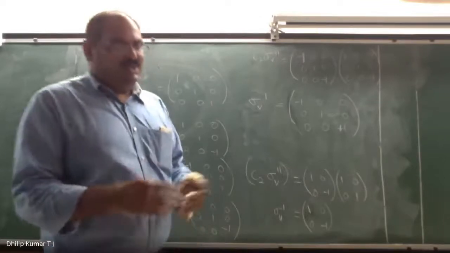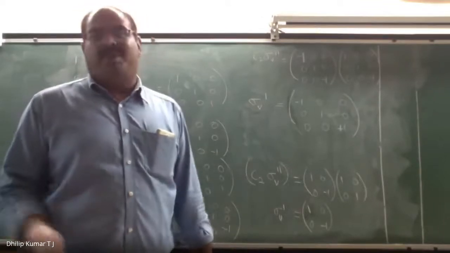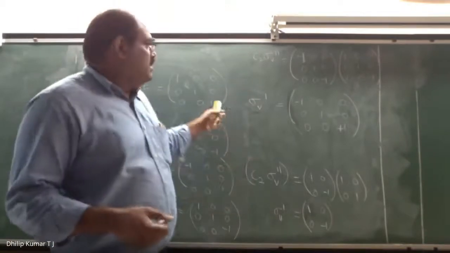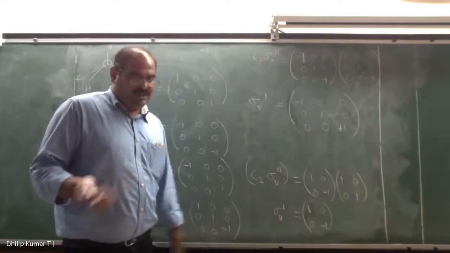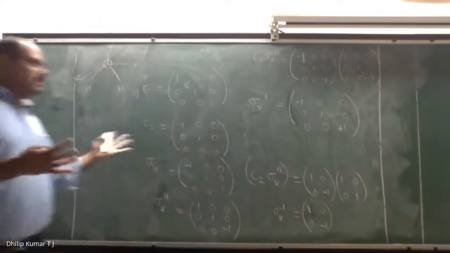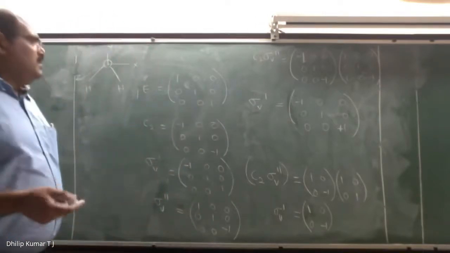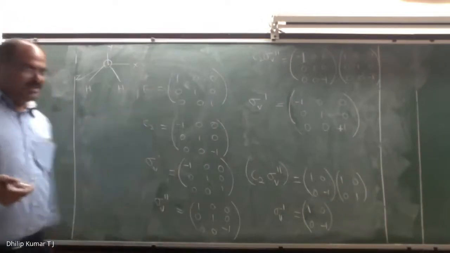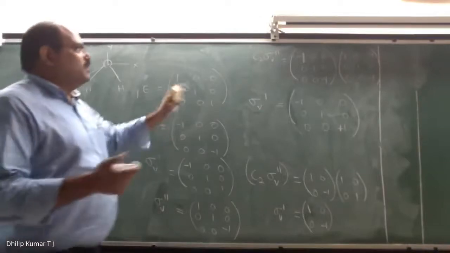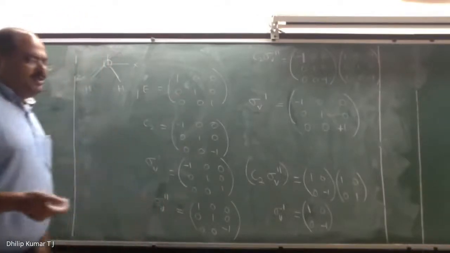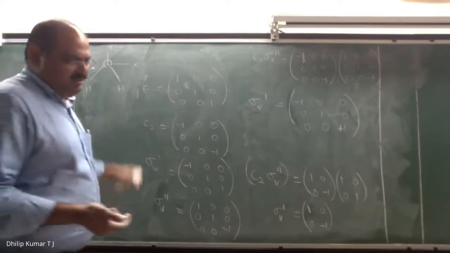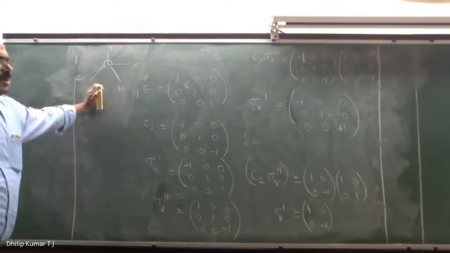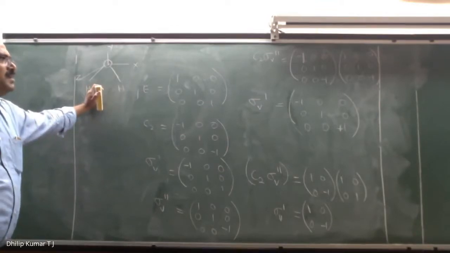You can represent the 4 pi orbitals as a 4 by 4 matrix, and how that changes by various rotations and planes. The matrix dimension could be of any type, but once you write it in matrix representation and take products, the 4 properties which I was telling you should be valid. If there is some mistake somewhere, then that property will just fail.